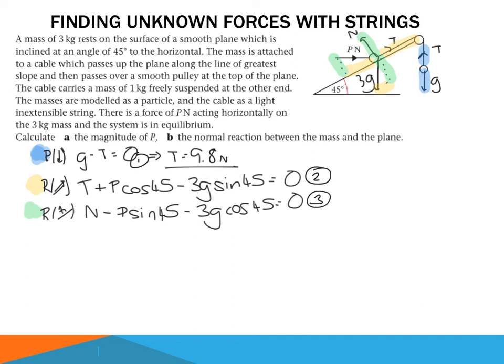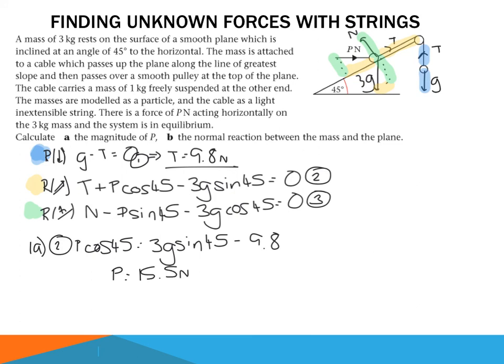For us to find the magnitude of P, equation 2 is going to be useful for that. So rearranging, we're going to get P cos 45 equals 3G sine 45 minus T, and we know T to be 9.8. So now we've got P being equal to 15.5 newtons.